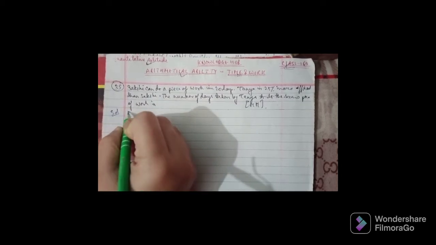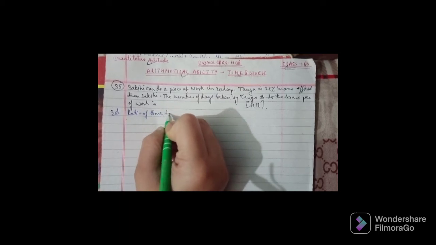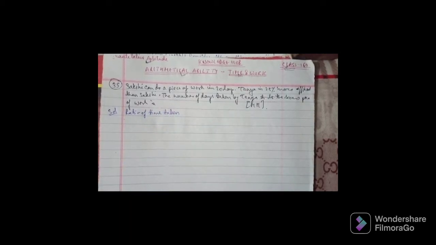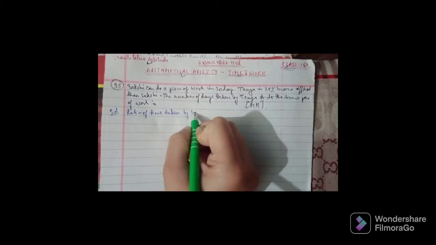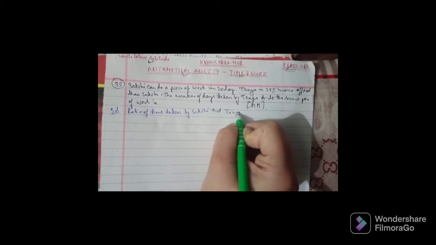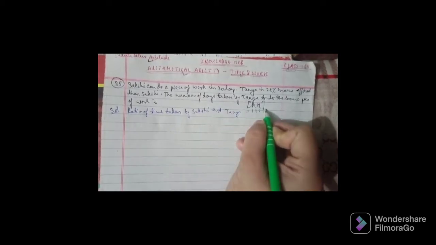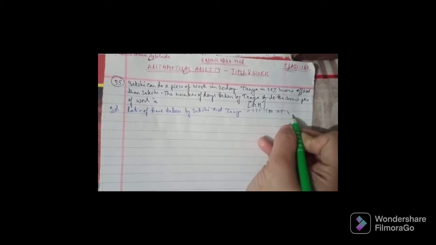So we have as follows: the ratio of time taken by Sakshi and Tanya equals 125/100, which is 5/4.